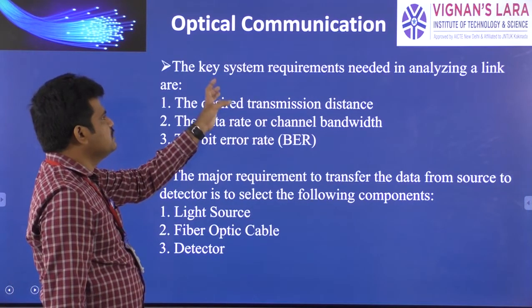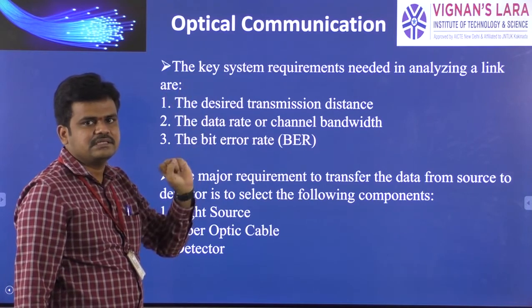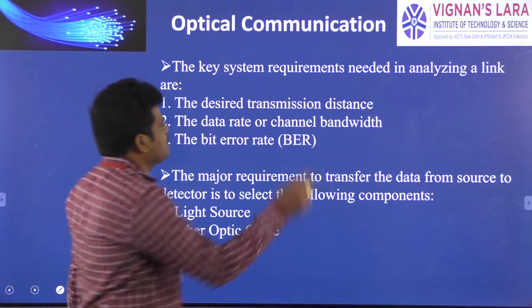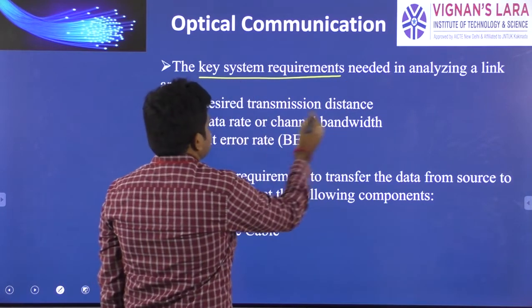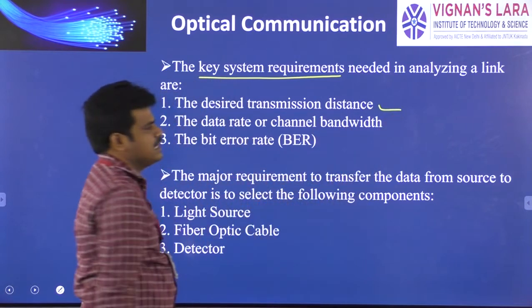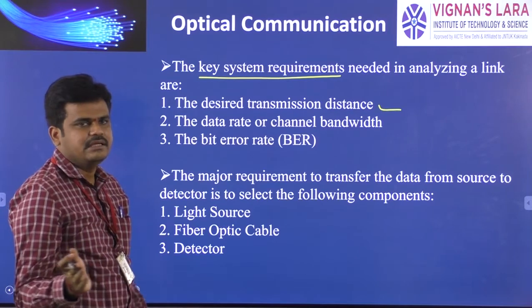As I said, the optical system design consists of some important considerations. Among them, the key system requirements are: the first one is the desired transmission distance, that is the distance between the transmitter and the receiver.